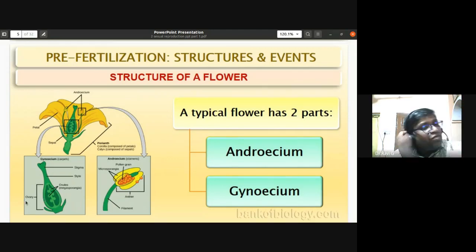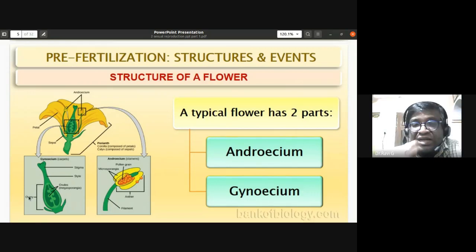Ovules are called megasporangia, and within these ovules they have the embryo sac. The embryo sac has the egg apparatus in the micropylar region and antipodal cells in the chalazal region. We'll study about that later.